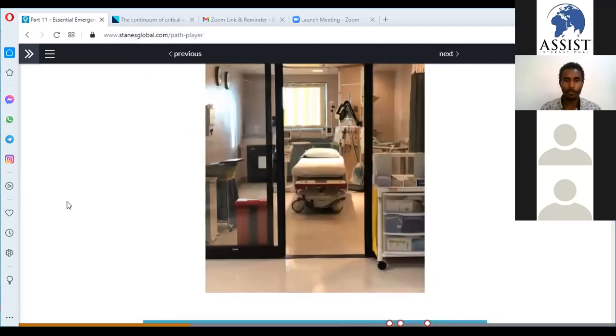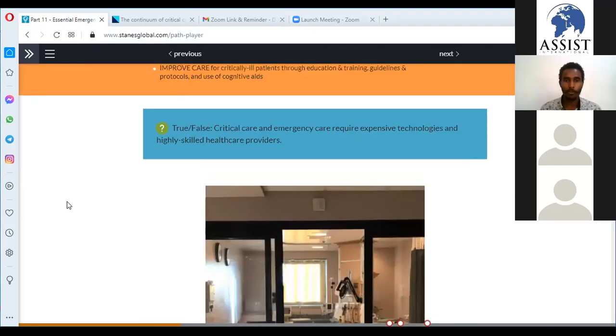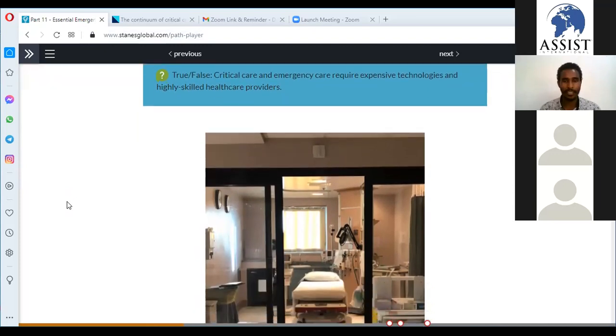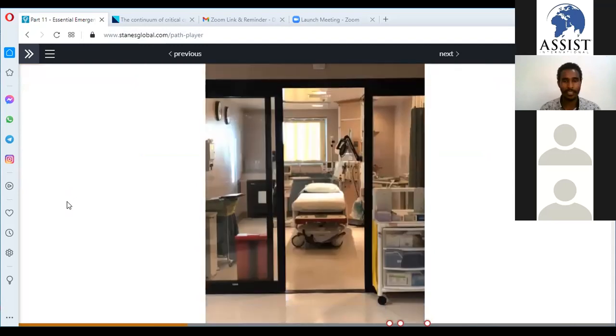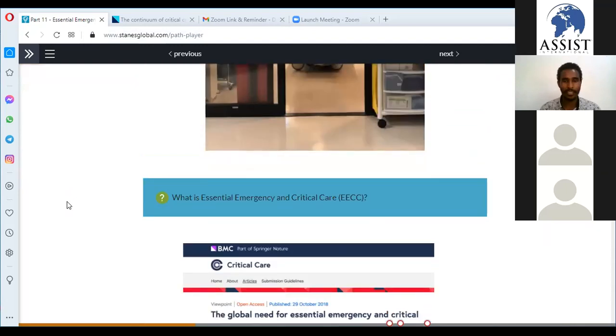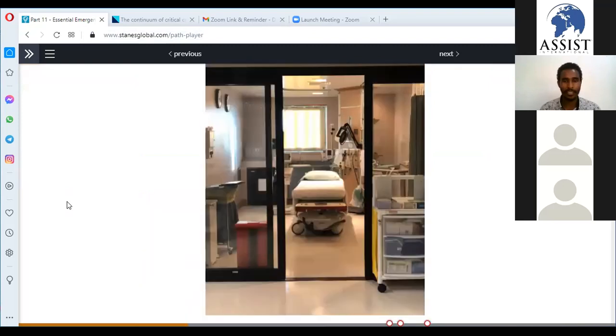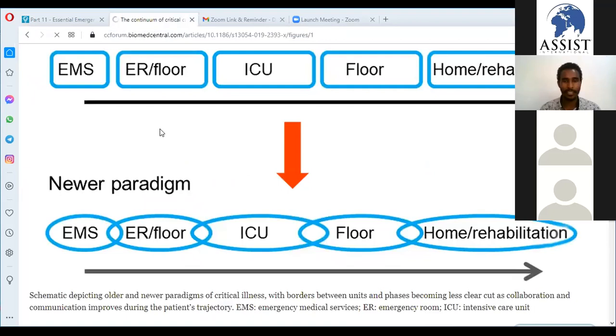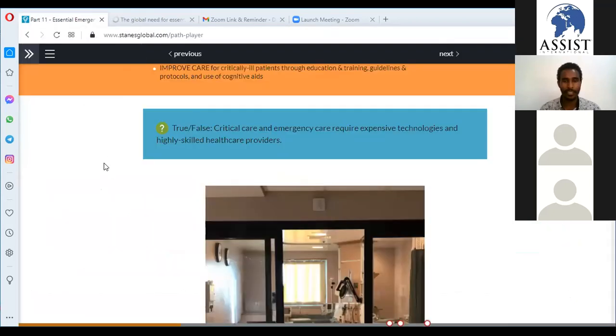So there might be a misconception that critical care and emergency care need expensive, luxury technologies and highly skilled healthcare professionals. But the reality is very different: critical care and emergency care can be delivered with available resources found in every healthcare setup.